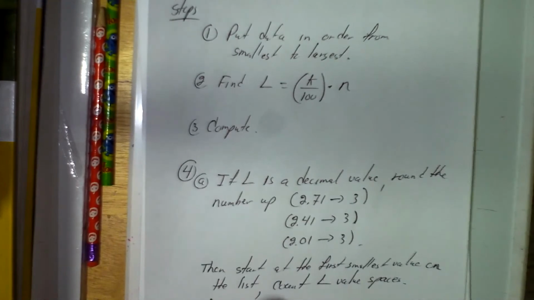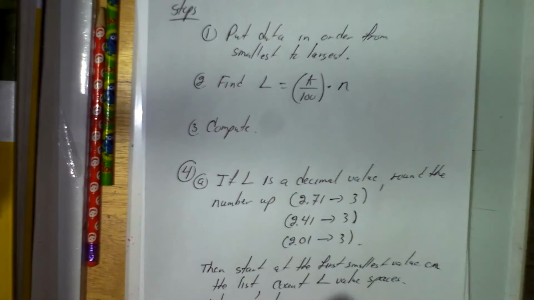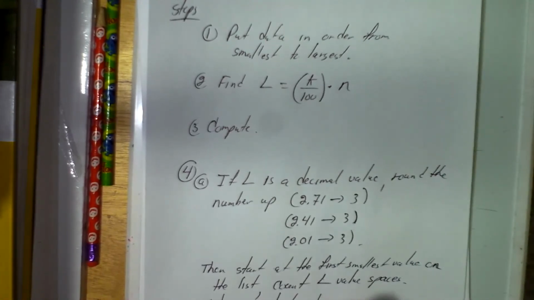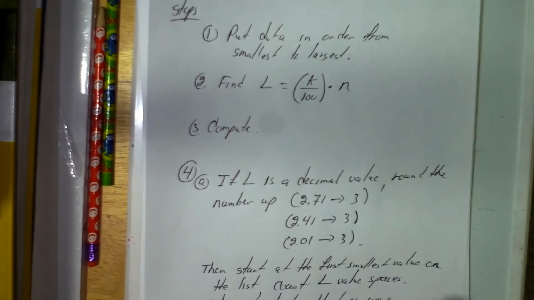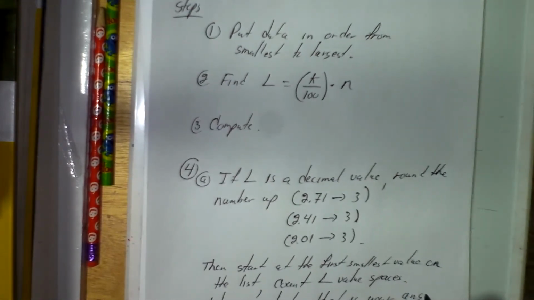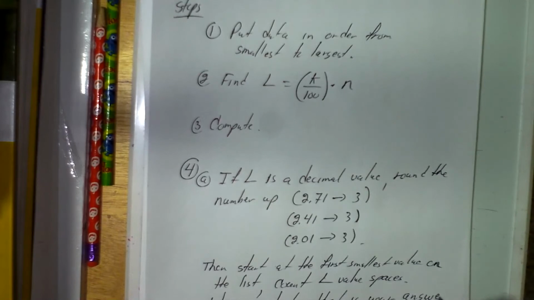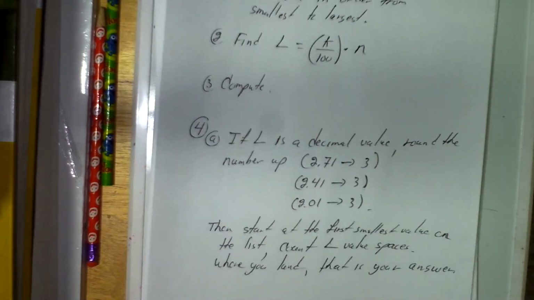Where you land, that is your answer. So you're going to start at the first smallest value on the list, and you're going to count L value spaces. And then where you land, that is your answer.